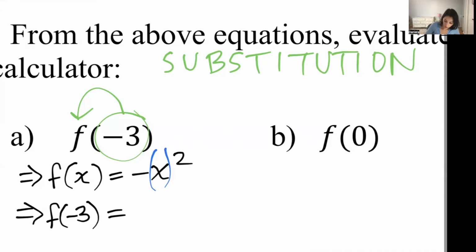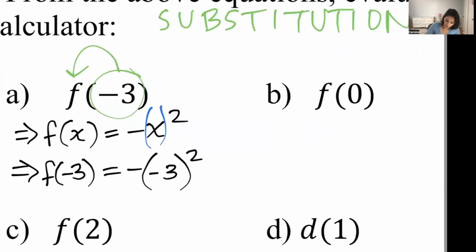You should have a negative on the outside of the parentheses. Super careful, right? Because now we're doing PEMDAS. First you square -3, negative times a negative is a positive, right? -3 times -3 is equal to +9. And then we drop down the negative. So the final answer is -9.